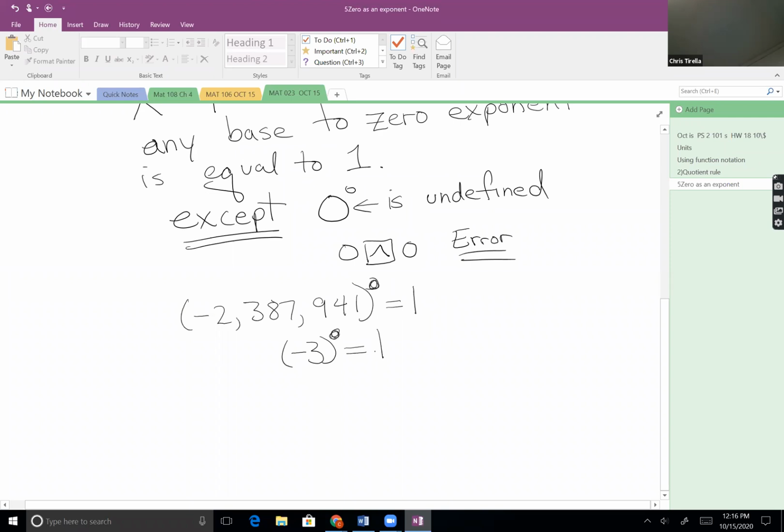If my exponent is 0, it will equal 1. However, if I have negative 3 to the 0 power here without parentheses, only the 3 has the exponent. And so here, because there are no parentheses, that's the negative of 3 to the 0, which is the negative of 1.